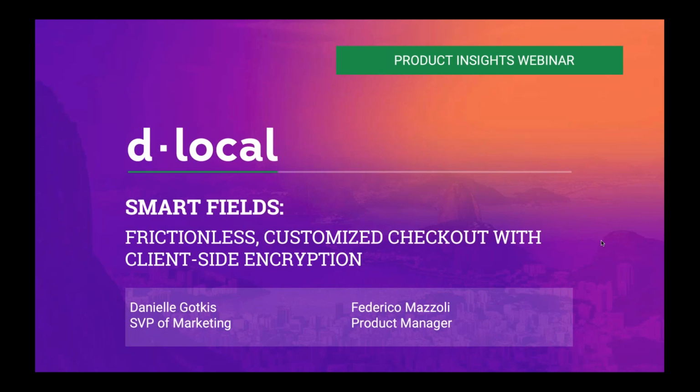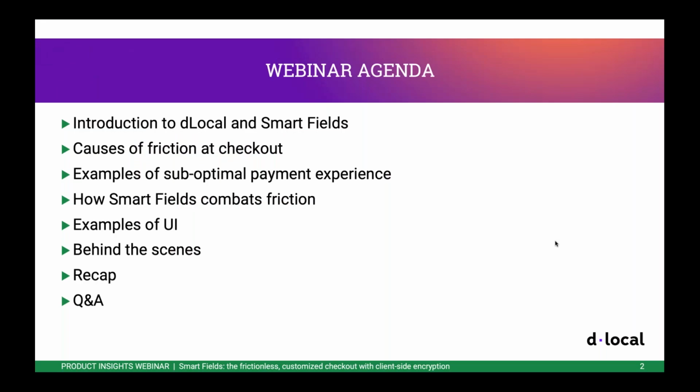Thank you. So on our agenda today, we have about 45 minutes planned for this webinar. During the first 30 minutes or so, we have planned content that will focus on giving you an introduction into smart fields. We'll discuss causes of friction at the checkout.